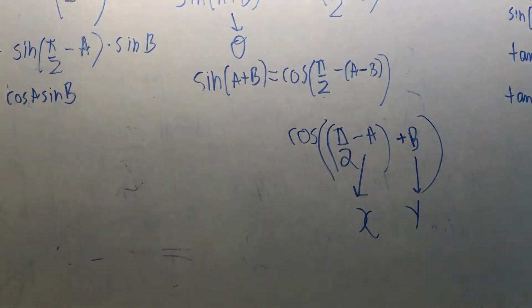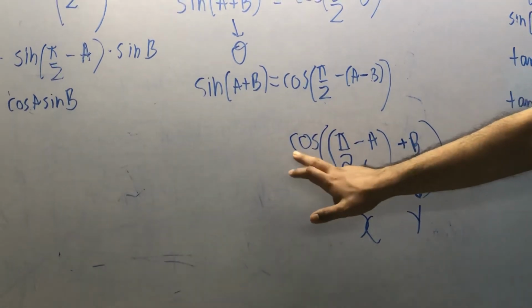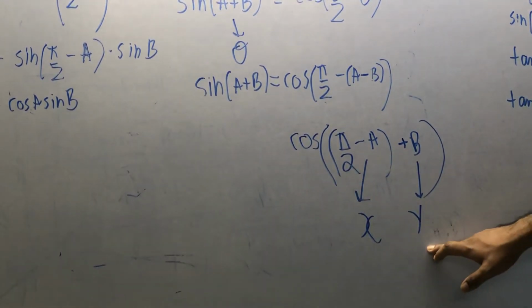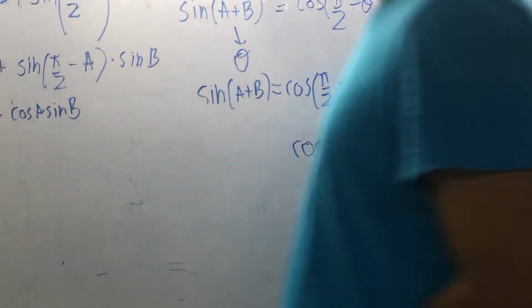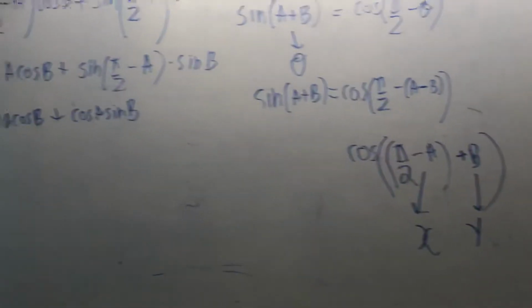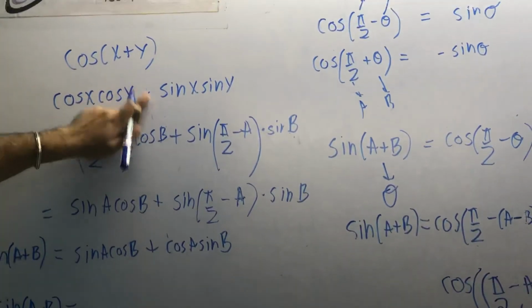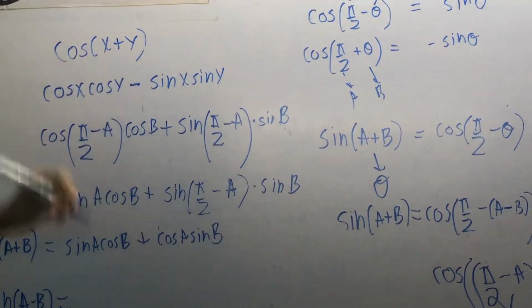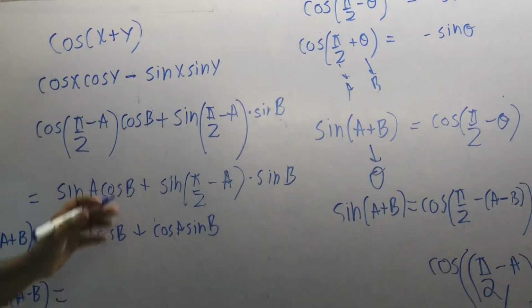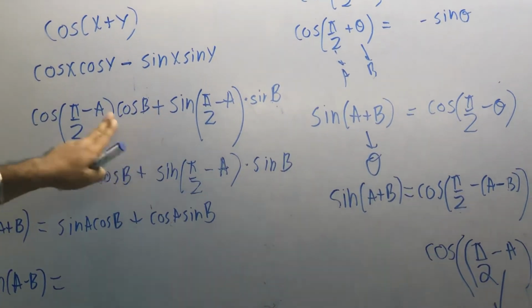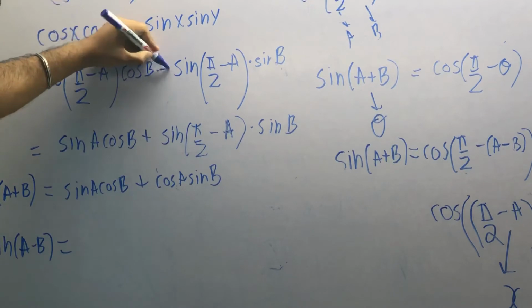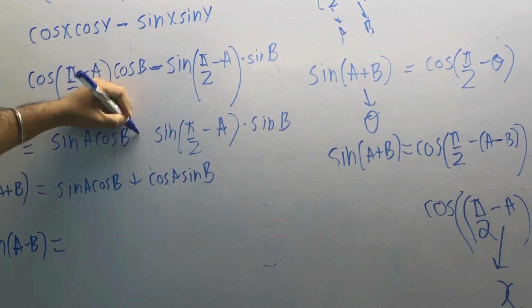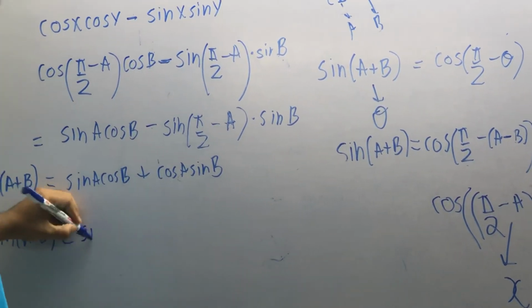So this is the question of cos x plus y. What is the formula for cos x plus y? Cos x cos y minus sin x sin y. Just that there is a difference of sign, that's all. Nothing new is there in this question. Minus will come here, again minus will come here. So what will be your answer?